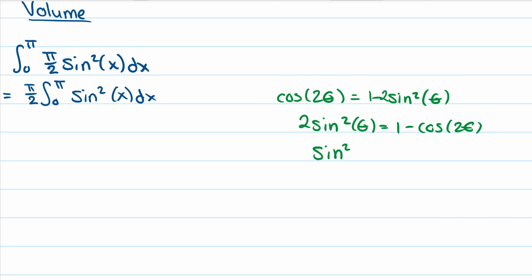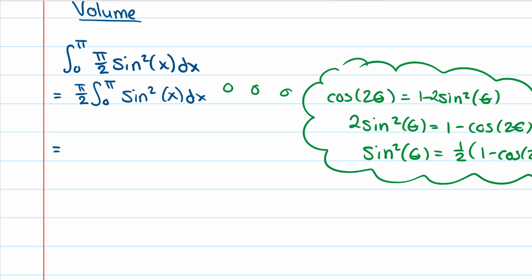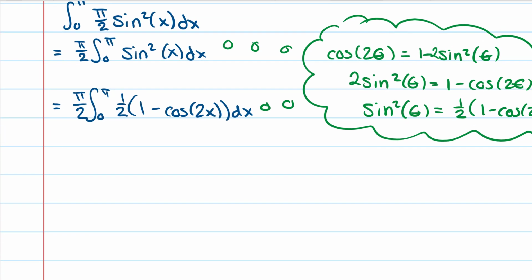And so sine squared of theta is equal to 1/2 times (1 minus cosine 2 theta). This changes our integral to pi over 2 times the integral from 0 to pi of 1/2 times (1 minus cosine 2x) dx.